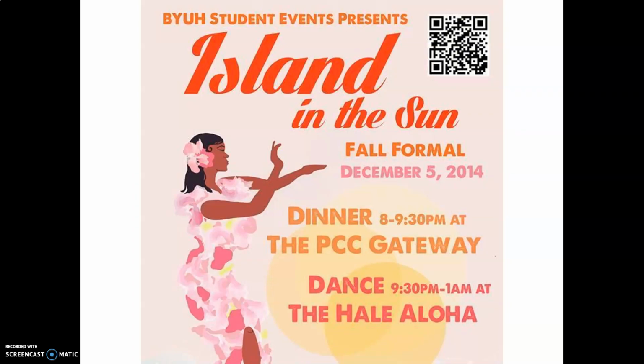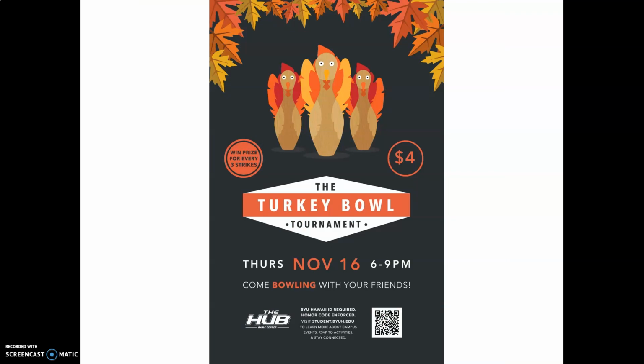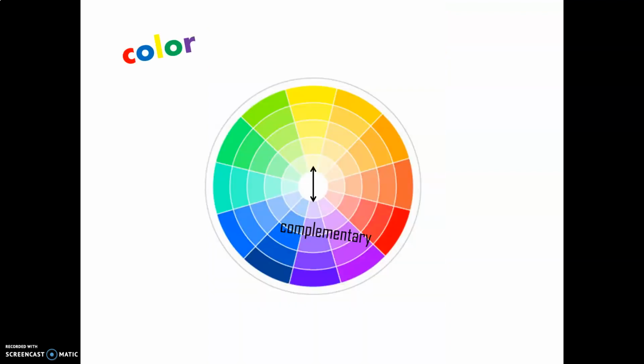And it's again using that same color scheme, the family of colors that are warm. So pinks or reds, oranges, and yellows. And pink, again, is a tint of red. And then here's a Thanksgiving turkey bowl from the Hub game room that, again, is using those kind of fall colors, oranges, yellows, reds, to create an effect.